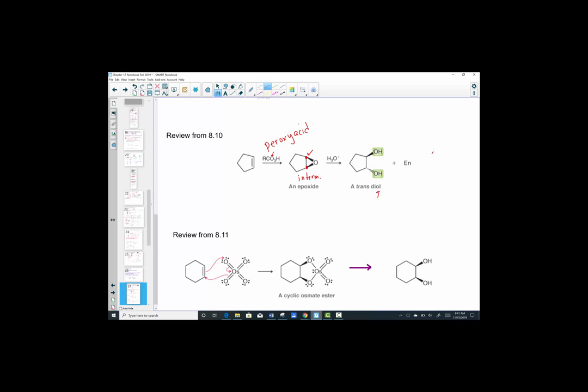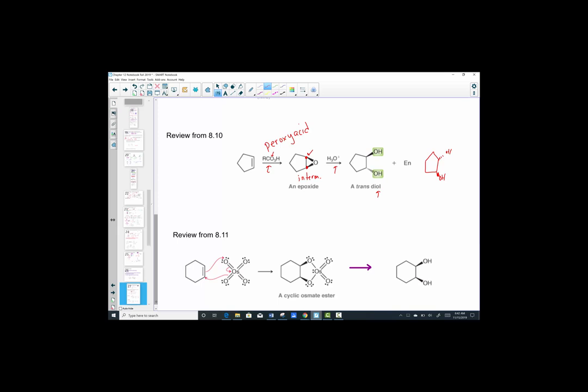So the enantiomer would simply have those positions changed on that particular structure. So a trans diol can be produced through a peroxy acid starting with the alkene. You add the peroxy acid, then you need to protonate the alcohols with the acid H3O+.